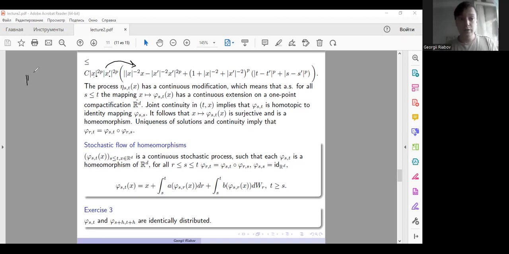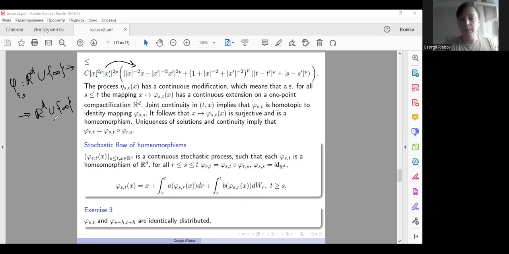In other words, if we add a point infinity to Rd, then we can continuously extend phi to the mapping of the so-called compactified Euclidean space. When we add one point to Rd, in a sense we wrap Rd into a sphere.